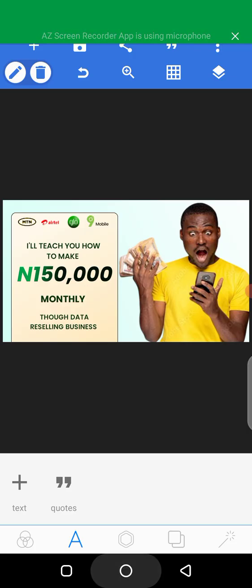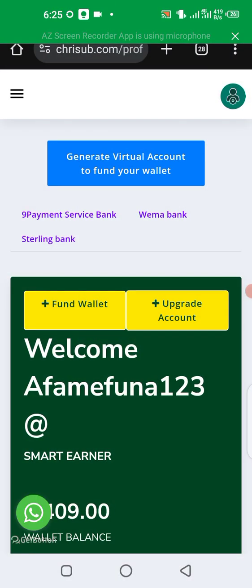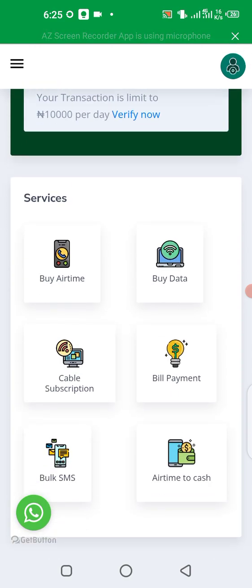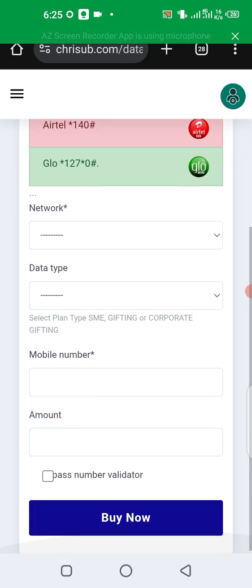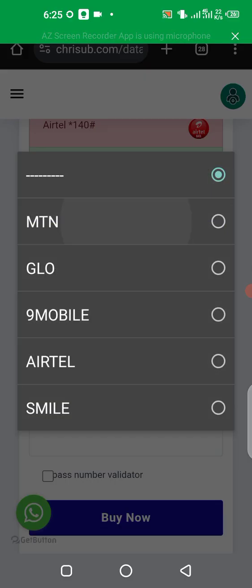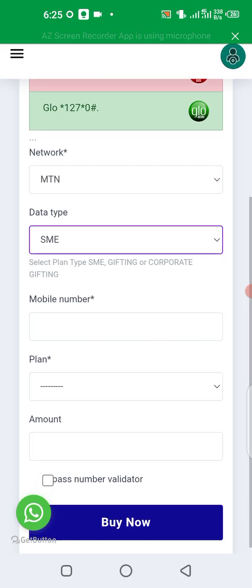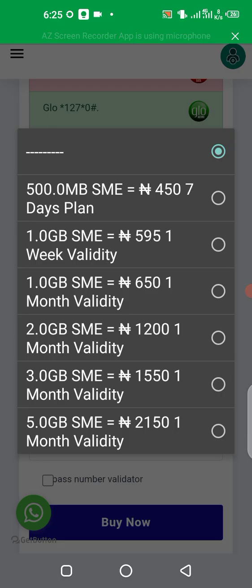Okay, let's take it for instance that this is our platform. You want to sell data to a customer, say MTN. Let me just show you. Let's say that you want to sell this one. This data is a hot cake that people are rushing for.